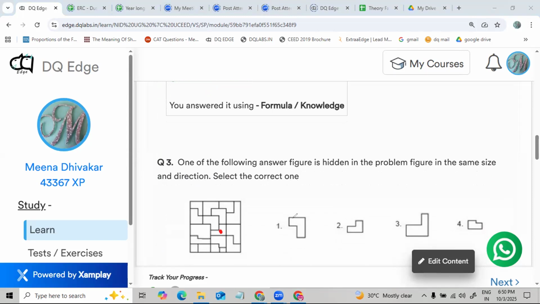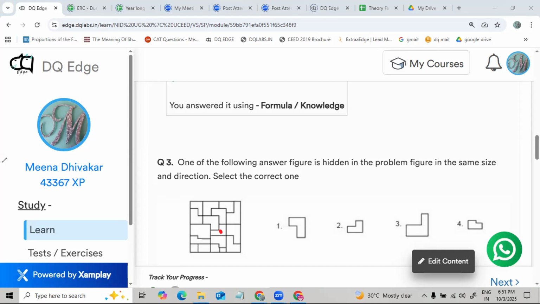Why not option 1? The bottom part is slightly longer. What about option 3? It's slightly longer towards the left. What about the fourth one? No, we don't have the fourth one.